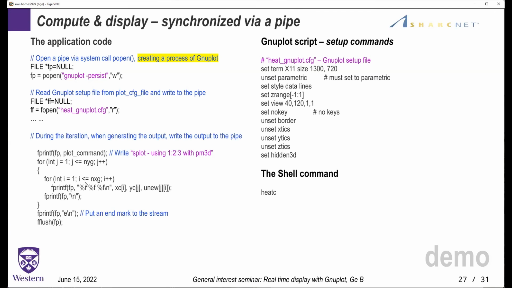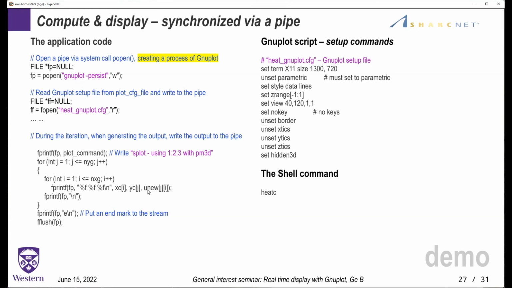Those are settings for the plot. And then in the middle, in the time evolution iteration process, when it is time to generate the output, we generate two things. One is we write the plot command to the pipe, and then we write the output, same format, coordinates x and y and the solution, to the pipe.